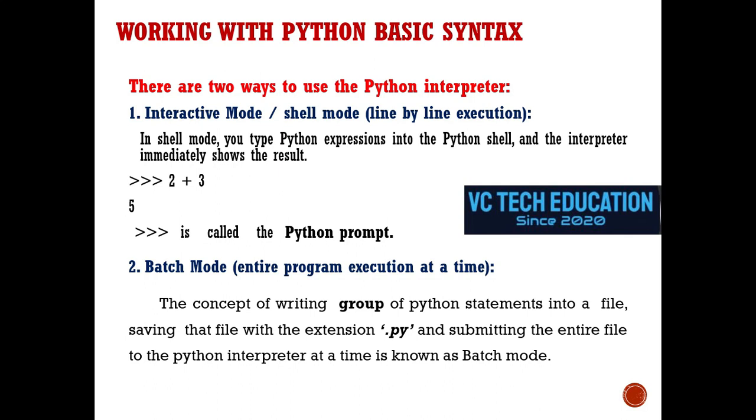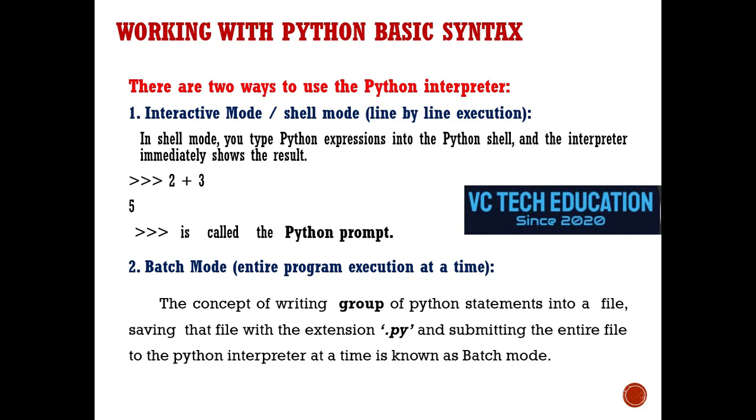In working with Python basic syntax, we are discussing the Python interpreter. The ways we can execute programs are of two types: interactive mode and batch mode. Interactive mode is also known as shell mode, where line by line execution is done.